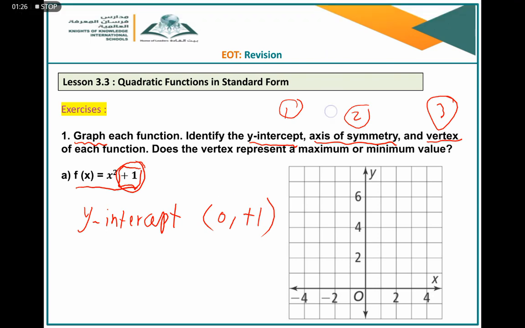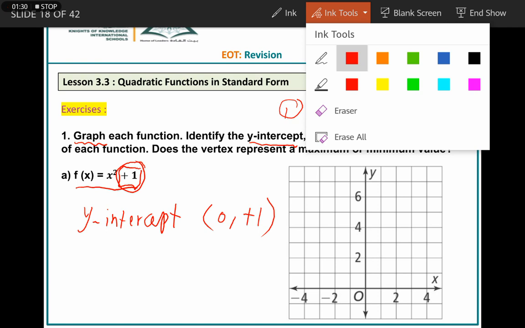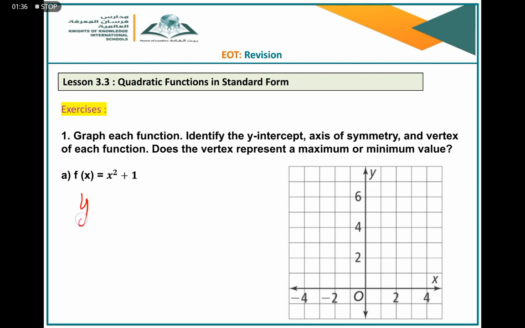Are you happy with that? So this is the y-intercept. It will be here, so the graph will pass through this point.